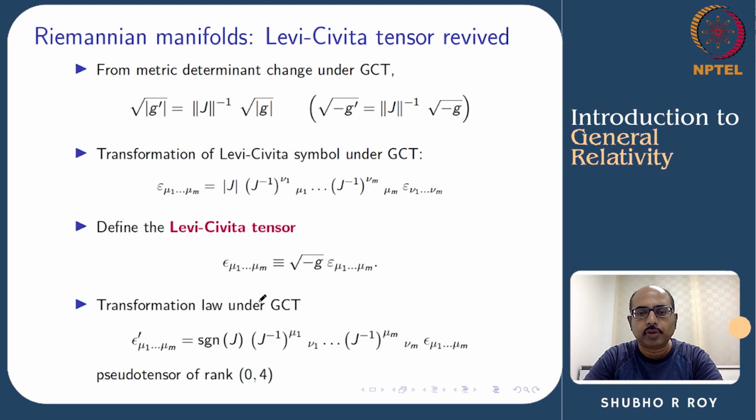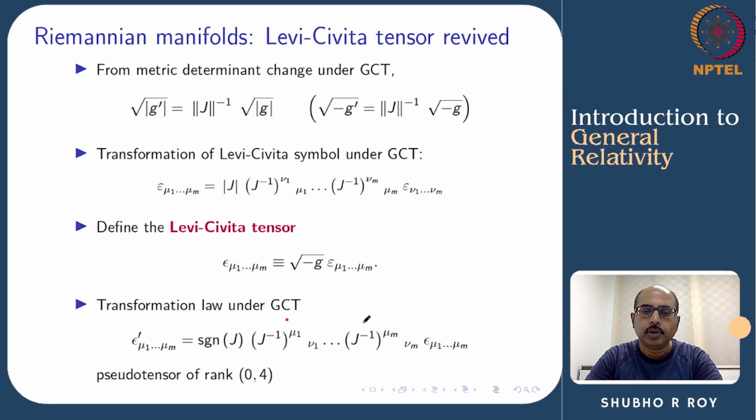And you can ask, what is the transformation law under a general coordinate transformation? It's obvious, by taking a product of the two respective left-hand sides and the two respective right-hand sides, that the transformation rule looks something like this.